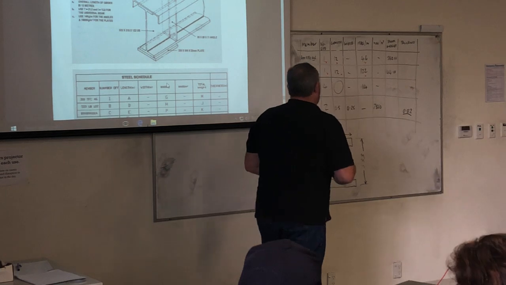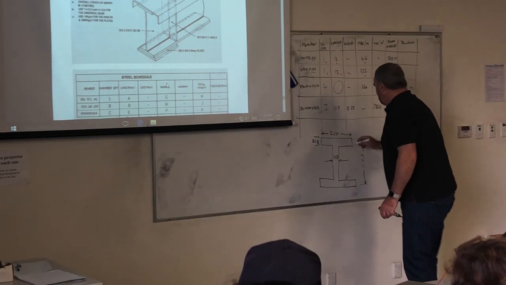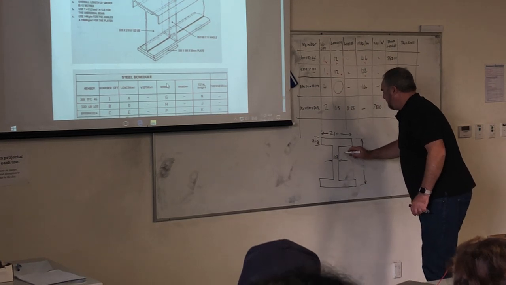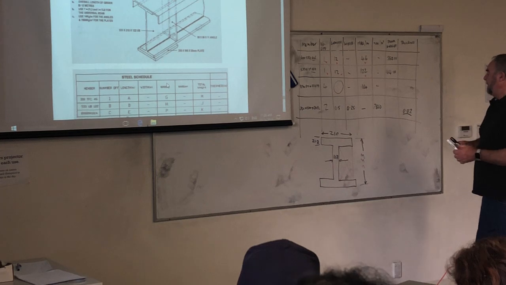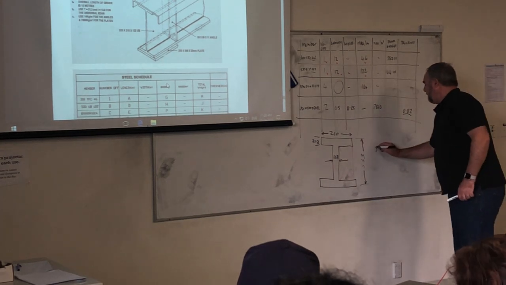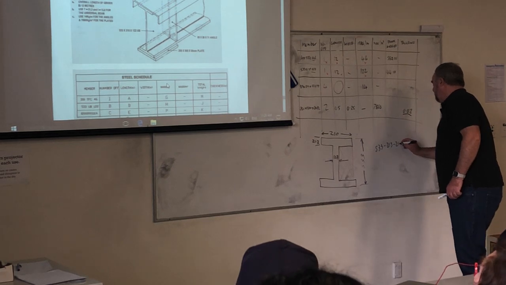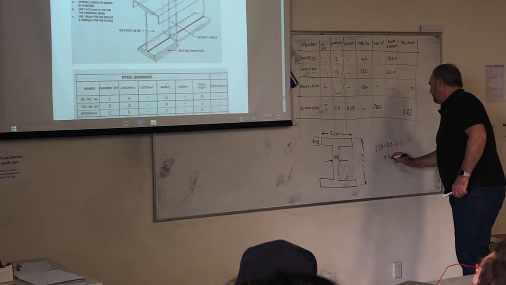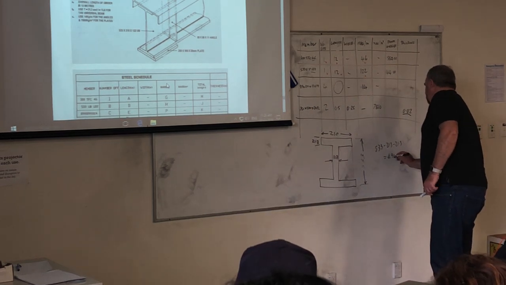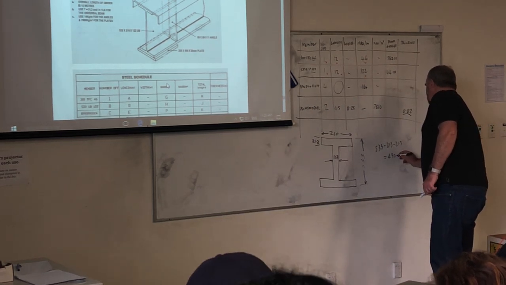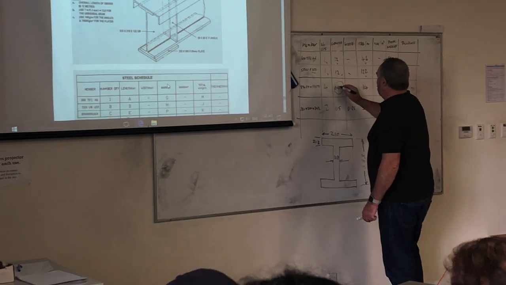So using that and the fact that our angle has to fit in here, it is 533 minus 21.3 minus 21.3 equals 490.4, which gives 0.4904.